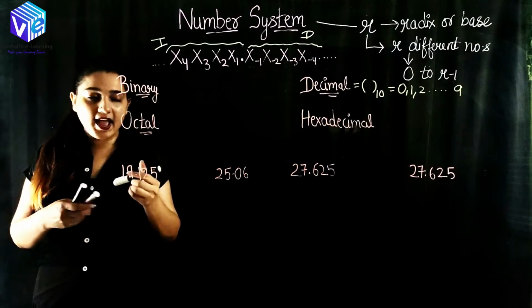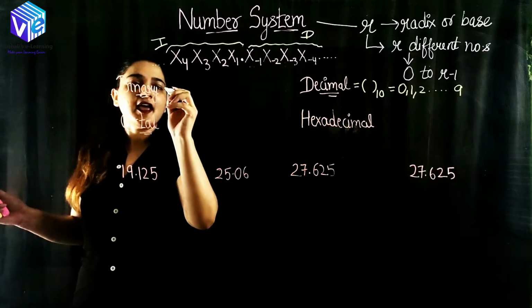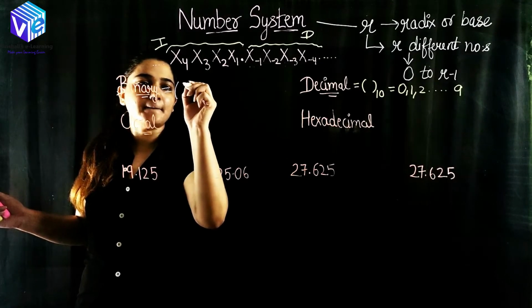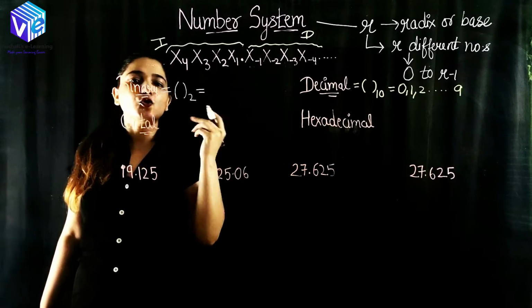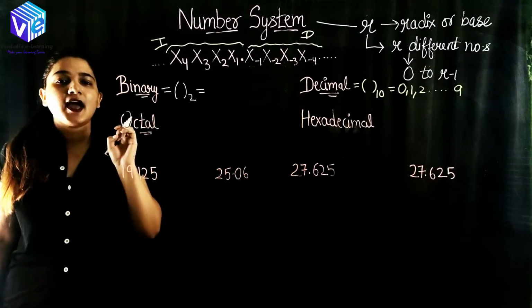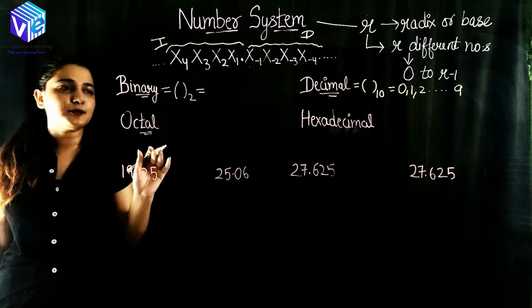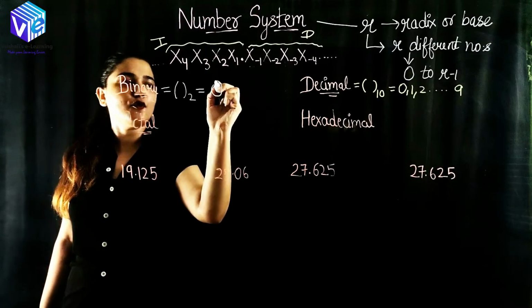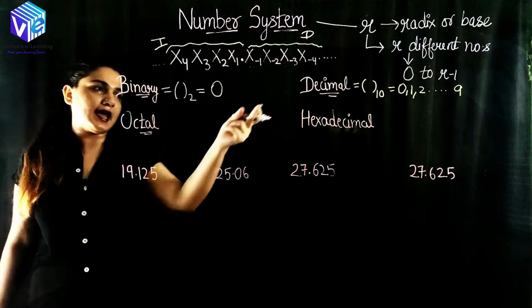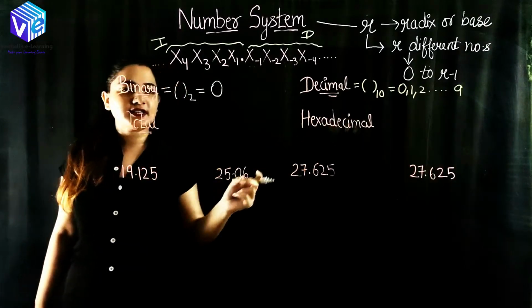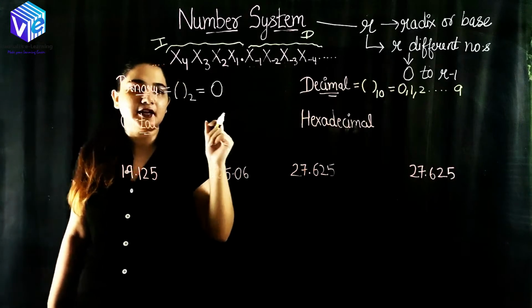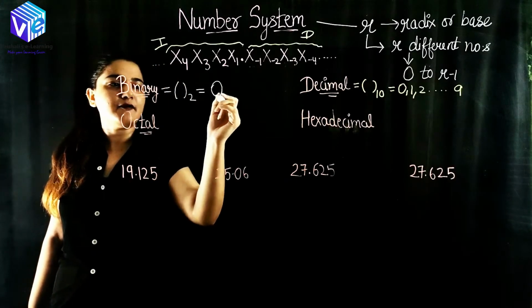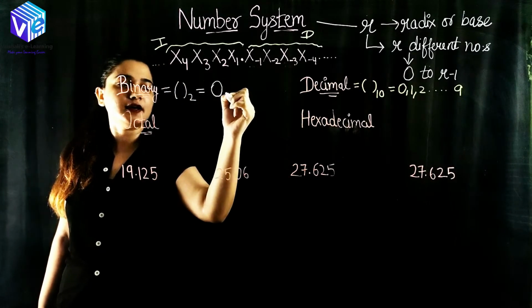Now in the binary number system the base is 2 and I represent it with two numbers. Always I will start with 0 and move up to R minus 1. Like in decimal, R was 10, so I moved up to 10 minus 1, which is 9. In binary, I will move up to 2 minus 1, which is 1.